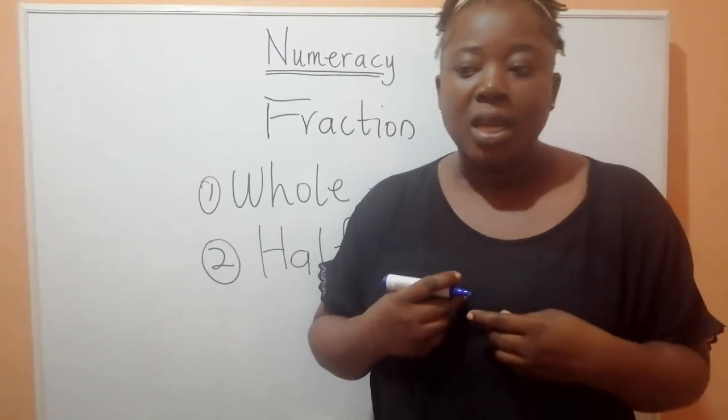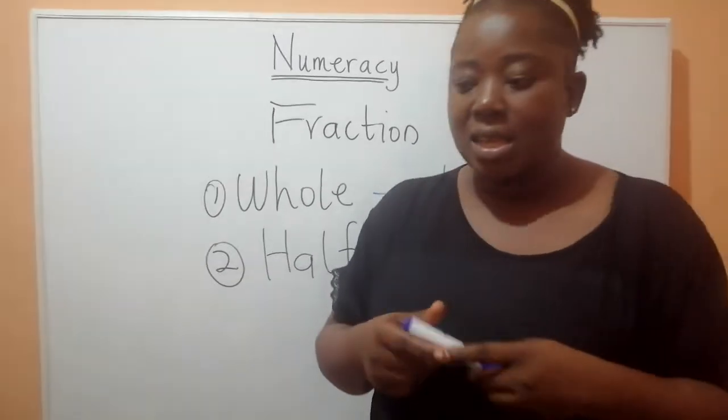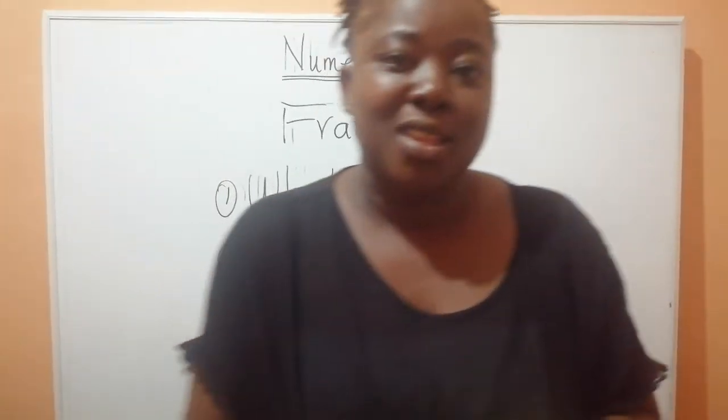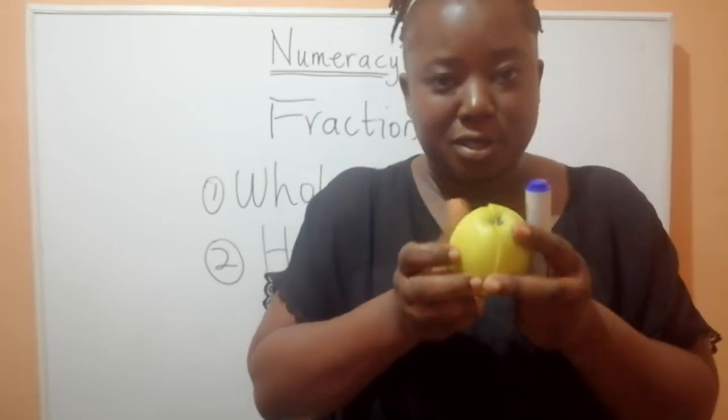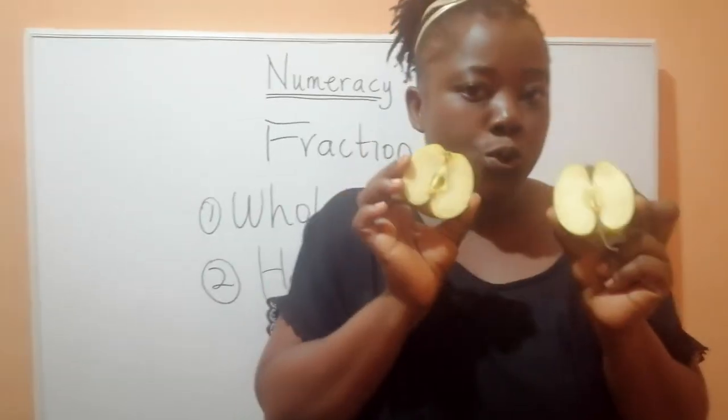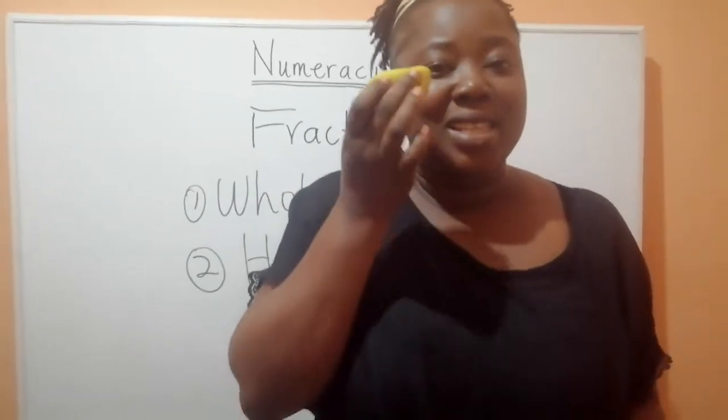Good. Now, half means that this fruit was 1 and it was divided into how many parts? 2. And then when I take 1 of it, I have taken half of the fruit.